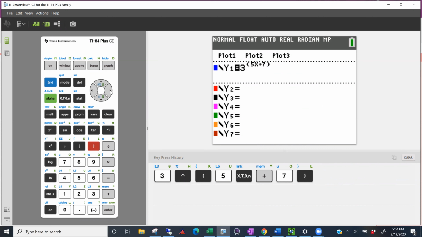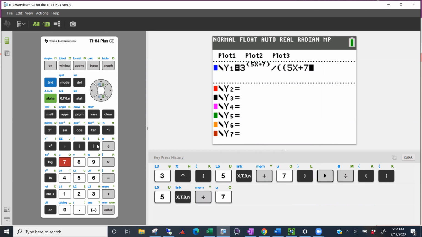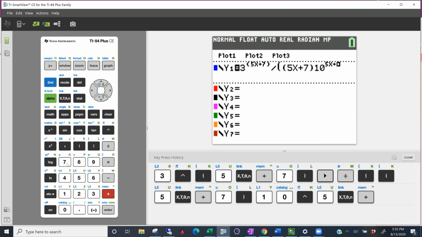And then you've got to exit the exponent, so there'd be a right arrow, divided by, you need 2 left parentheses, because the first one we're going to put in 5x plus 7, close off that parenthesis. And the next one, I need my 10 raised to the 5x plus 7.